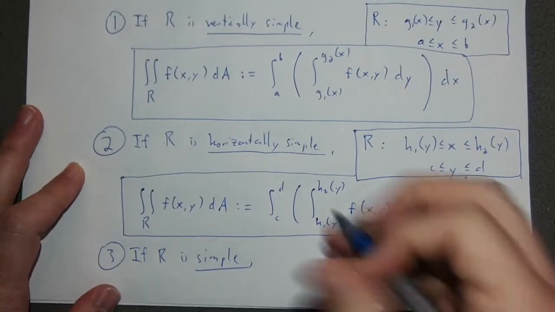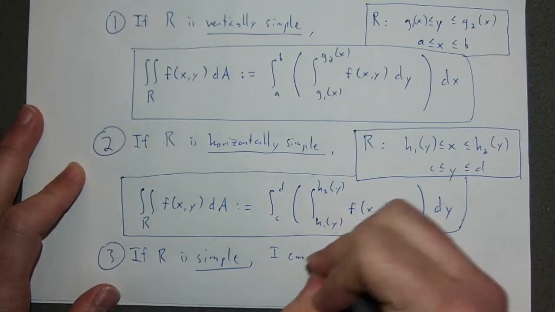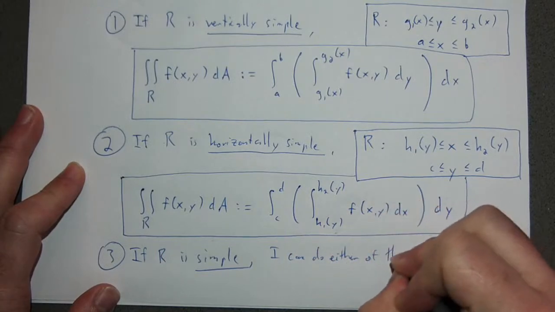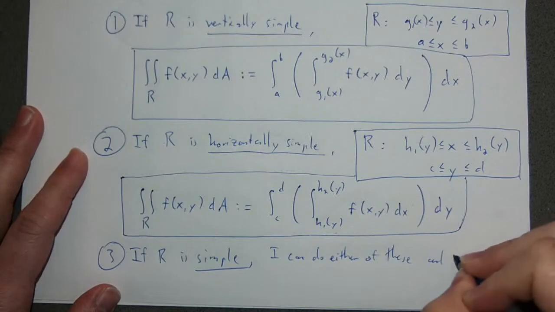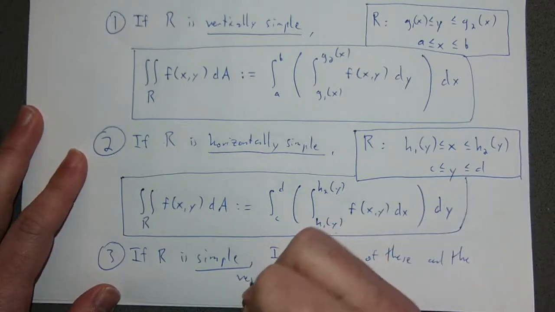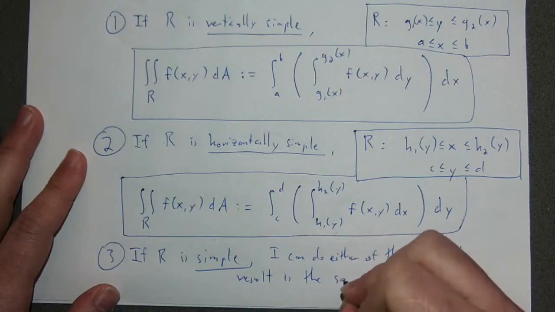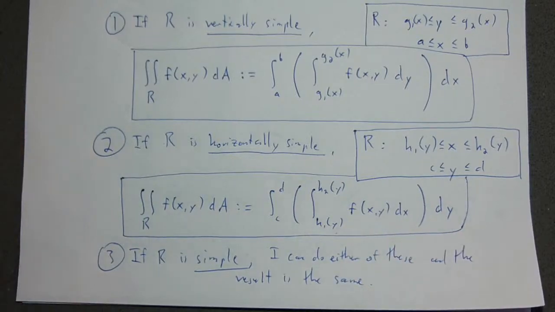But if R is simple, I can do either of these, and the result is the same. But this is something that I can only do if R is simple. So if R is not simple, I can't do this.